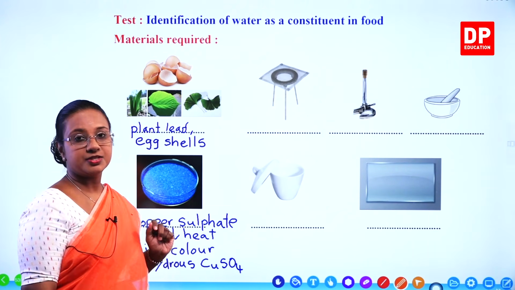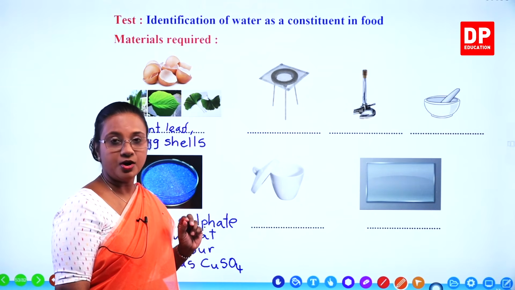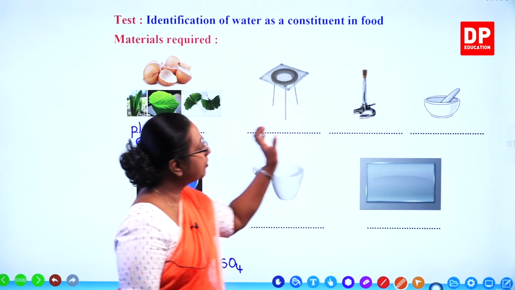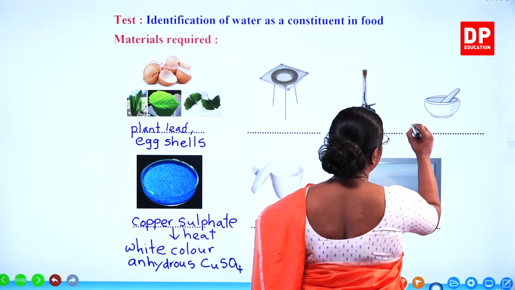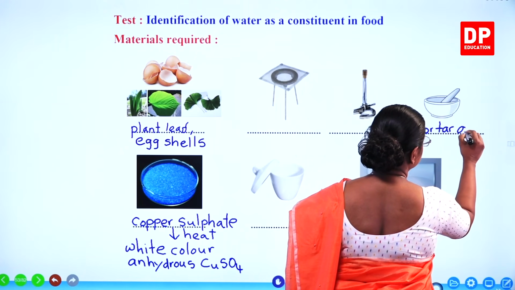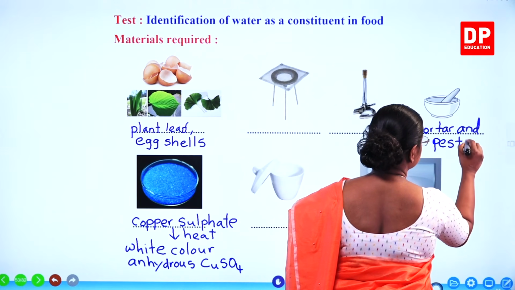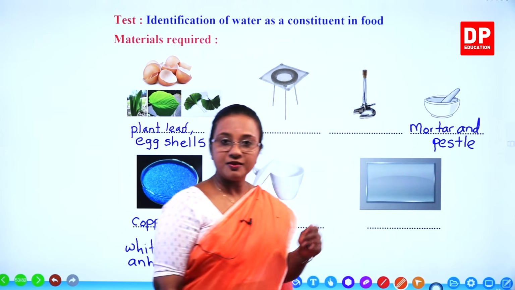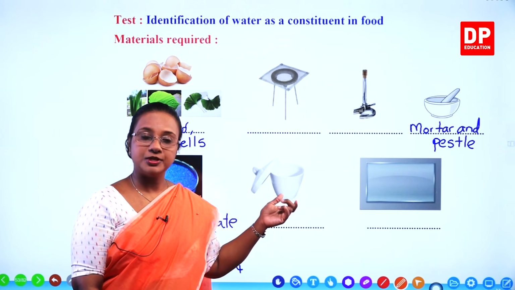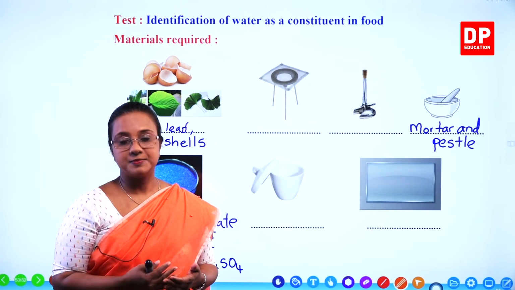The procedure is going to be, we will take the part of the plant or the eggshells, we will put it into a mortar and a pestle. By now, students, you are familiar with the mortar and the pestle. We use this equipment to grind substances.